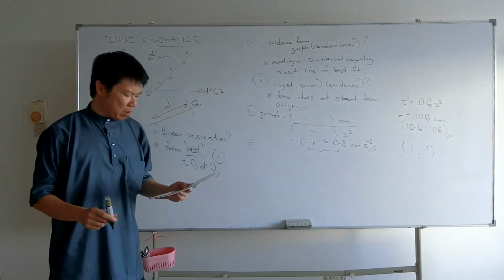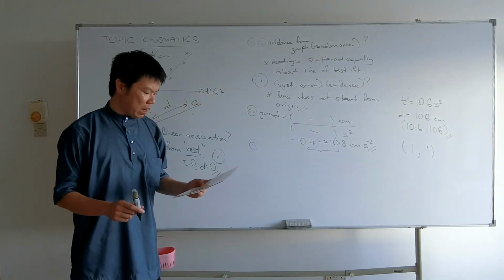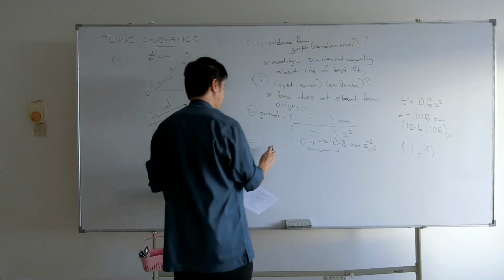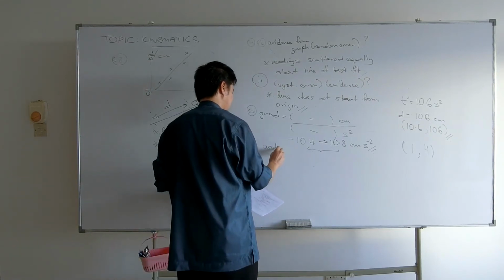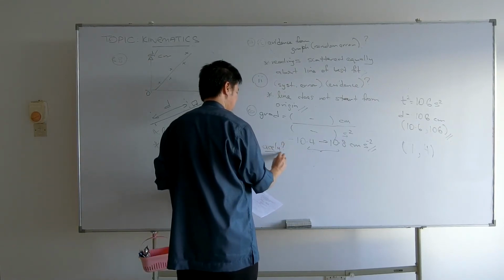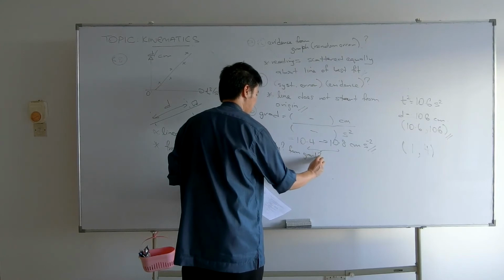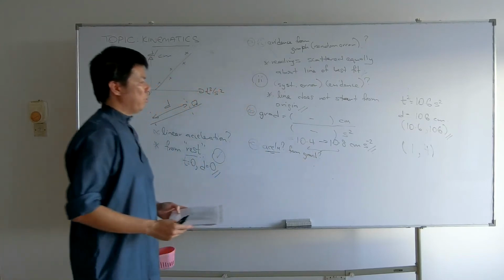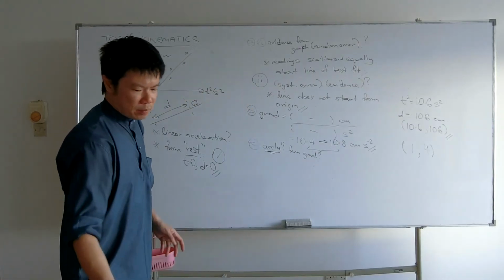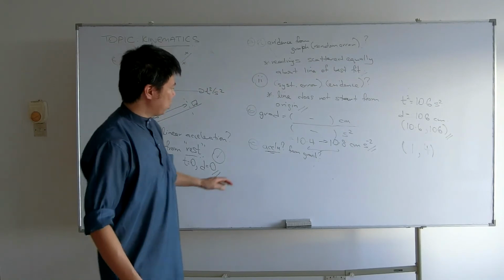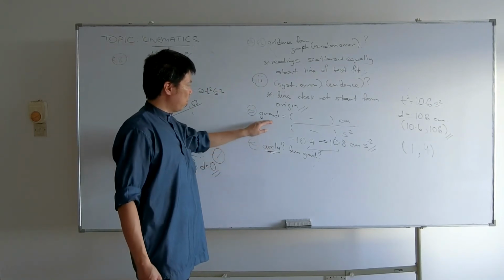Use the answer to B to calculate the acceleration of the toy down the slope. Explain your working. Now they want you to find acceleration using the gradient. We have a problem. How do we actually get acceleration from the gradient?